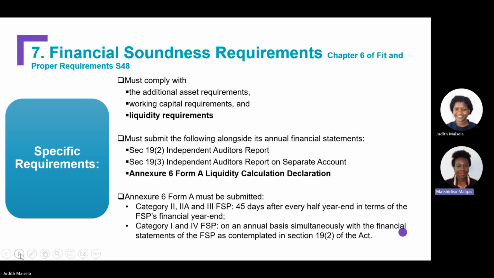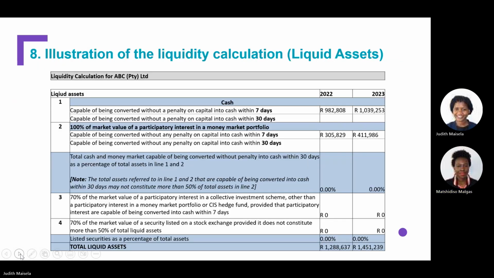Where an FSP requires an extension to submit this declaration, the request for an extension must reach the FSCA within 15 days prior to the submission date.